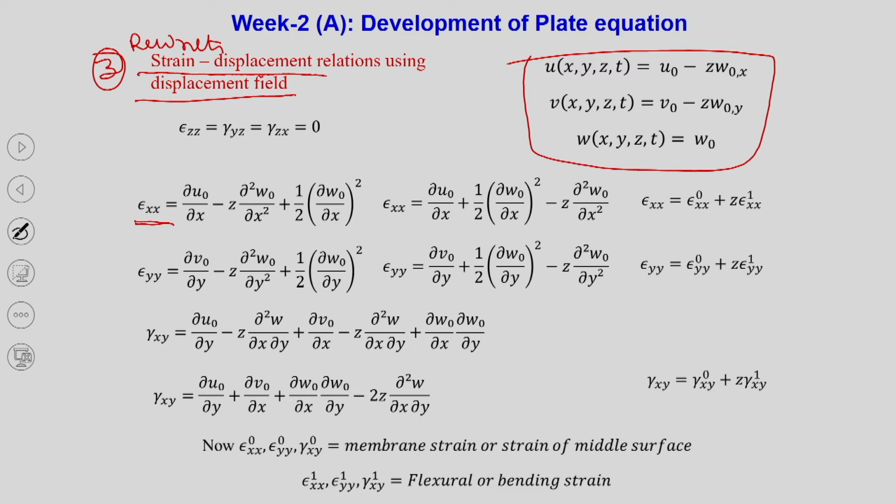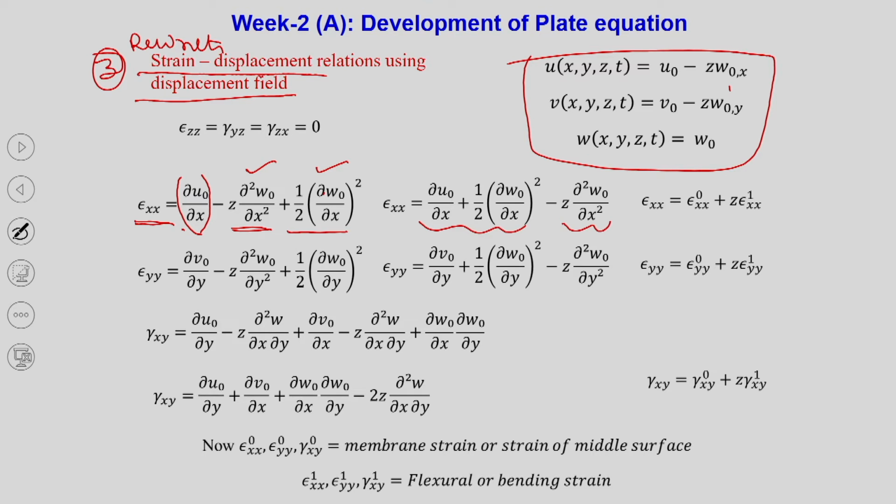Epsilon xx is del u naught by del x, del w comma double derivative del x, and this term. Now you can arrange: this is first derivative, this is first derivative, so we put them together, and this is the double derivative.